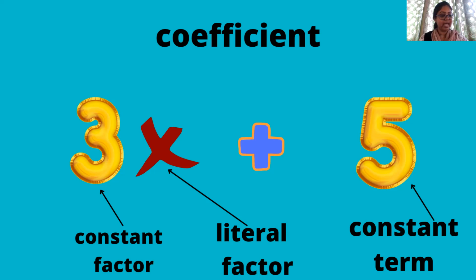When any term of an expression carries the sign of it, either factor is said to be a coefficient. So in case of 3x, 3 is the coefficient of x, whereas x is the coefficient of 3.